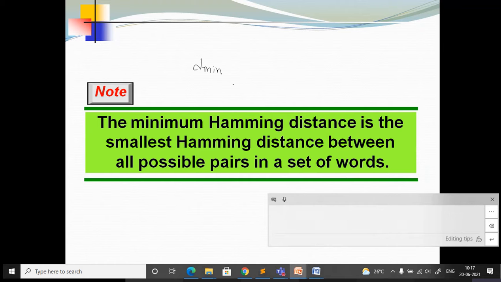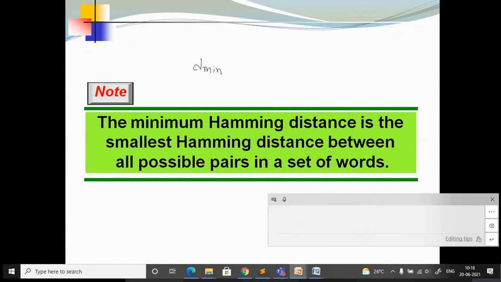So now how to find the minimum Hamming distance here? Find the Hamming distance between all possible pairs of words and select the smallest one. Okay, you need to find all possible words. Among those, select the smallest one.